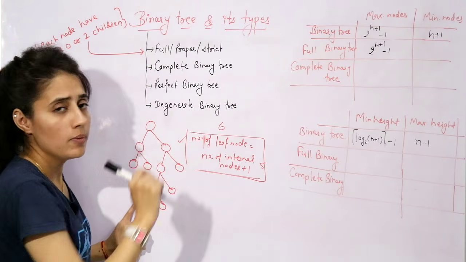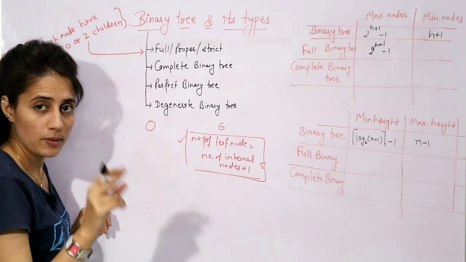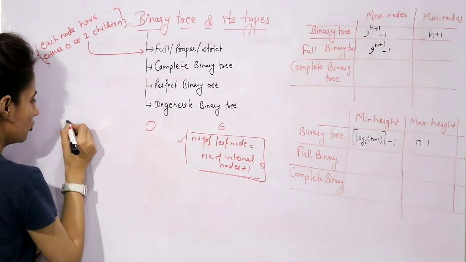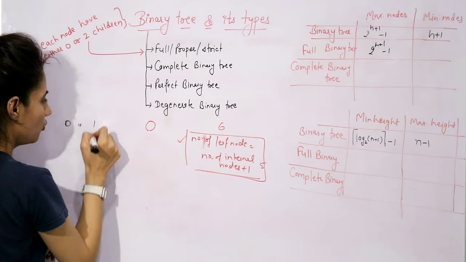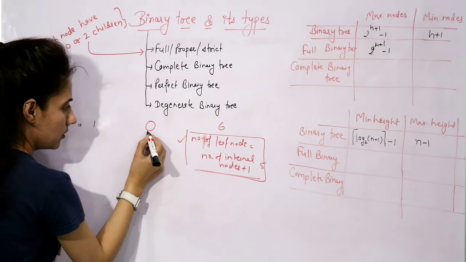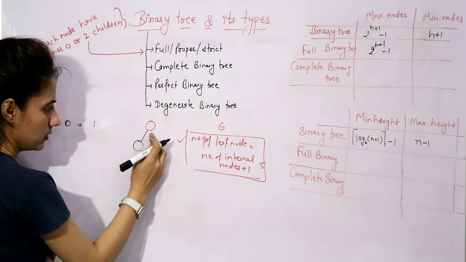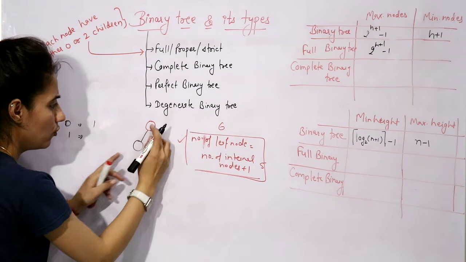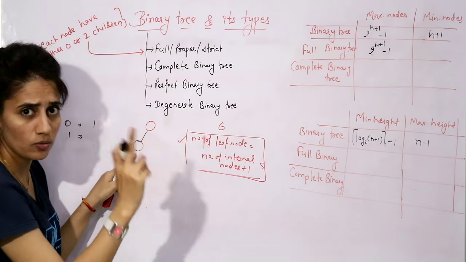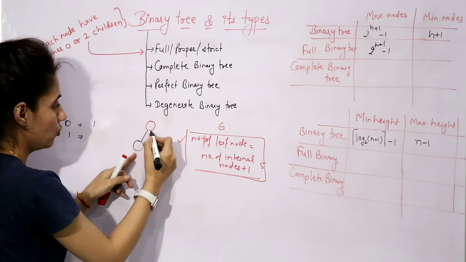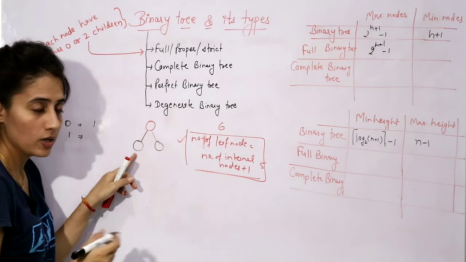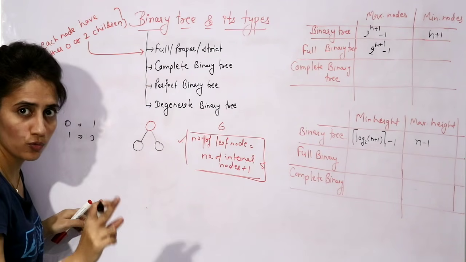Now what about the minimum number of nodes? If height is 0, the minimum number of nodes can be 1. If I increase the height to 1, the minimum number of nodes can be, see, this is not a full binary tree, we need a full binary tree, so here you need one more node. So 3 can be the minimum number of nodes.